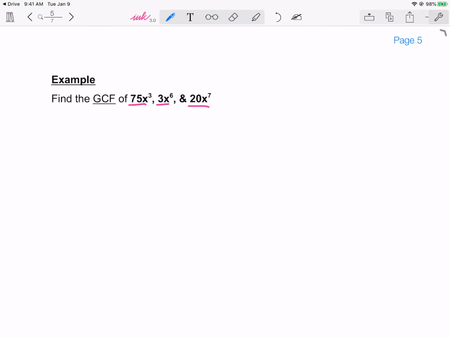So I'm going to break down the 75, and I'm going to do this a little bit quicker because I'm trusting that you've practiced and this is all kind of review. So 75 is equal to 3 times 5 times 5, and x cubed just means x times x times x.